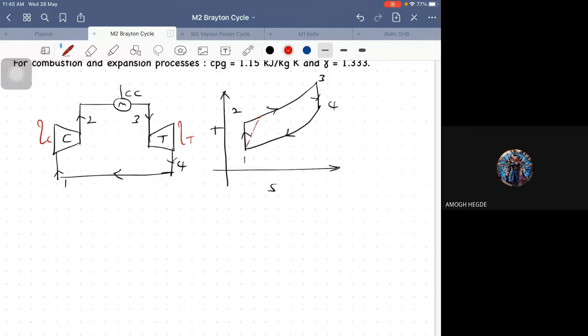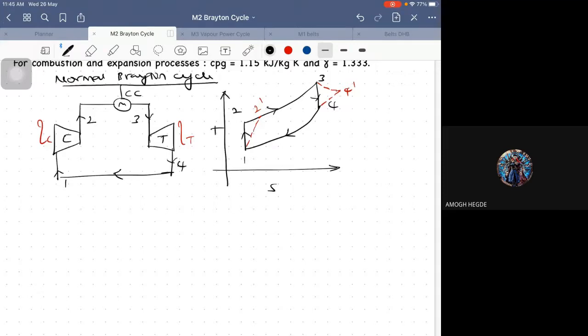We used to deviate this part to meet at 2 dash, and we used to deviate this particular part to meet at 4 dash. So this was the change we have learned. And one more change we have learned, suppose there is a heat exchanger. So this is a normal thing. I would just write here, normal Brayton cycle. So this is a normal Brayton cycle.